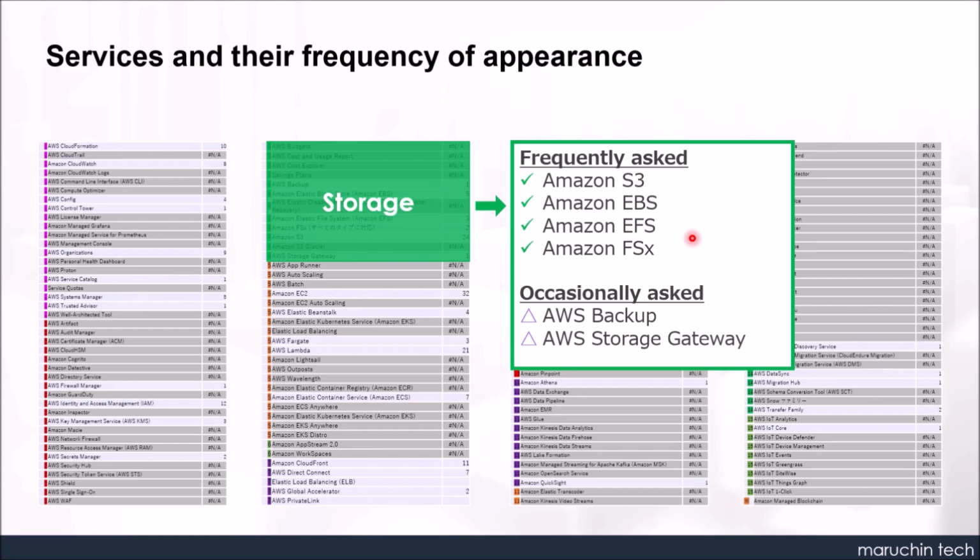EFS is used in the Linux environment, while FSx for Windows File Server is used on the Windows platform. And for high-performance computing, HPC environments, FSx for Lustre is used. And additionally, you may encounter AWS Backup and AWS Storage Gateway. And Storage Gateway is used in the hybrid environment.